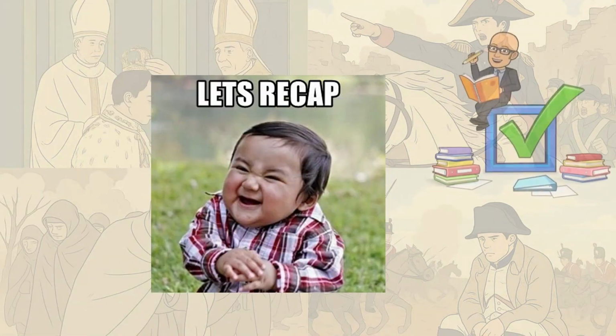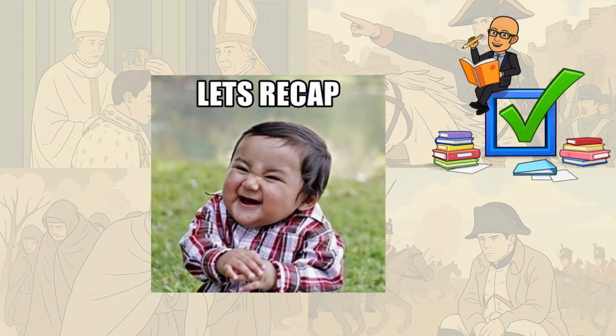All right, squad. Time for the ultimate recap. We started with Napoleon, who rose from military hero to emperor, rewrote laws, and nearly took over Europe, until some very bad decisions and a Russian winter humbled him hard, twice. Then we zoomed out and saw how nationalism picked up where Napoleon left off, not as a tool for conquest, but for uniting nations.